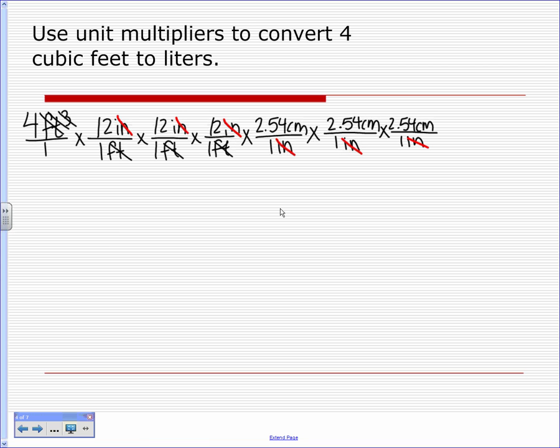So now I'm to centimeters cubed, right? So this is the new part. We know it's centimeters cubed. What does that convert to? 1 liter.